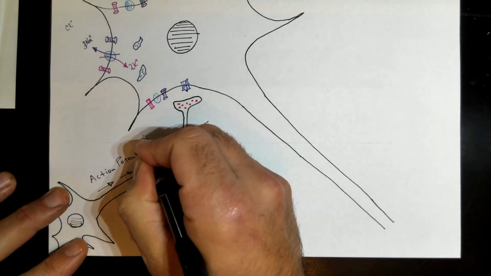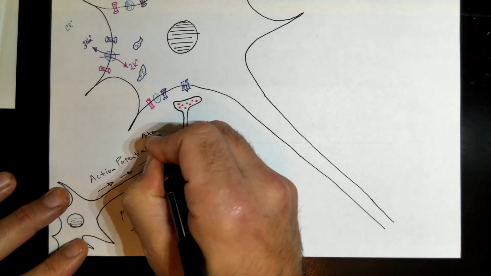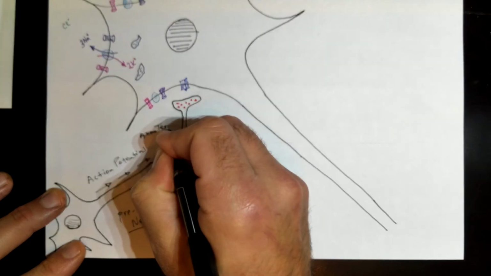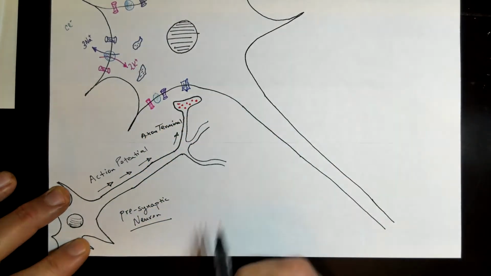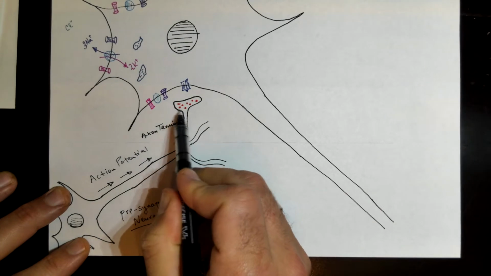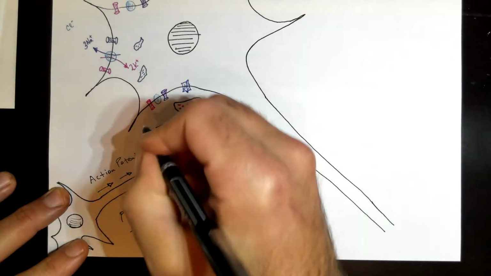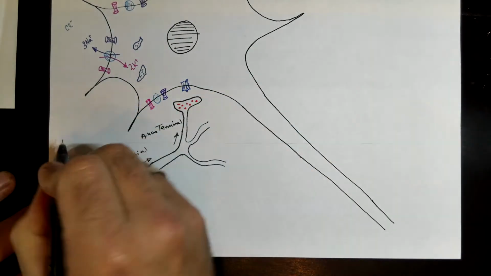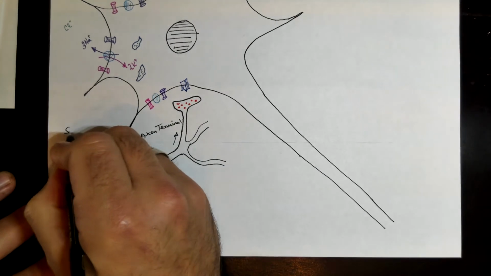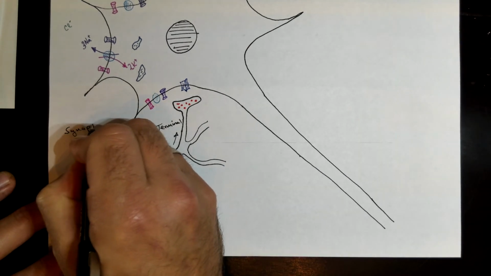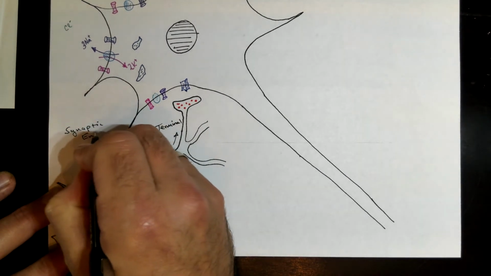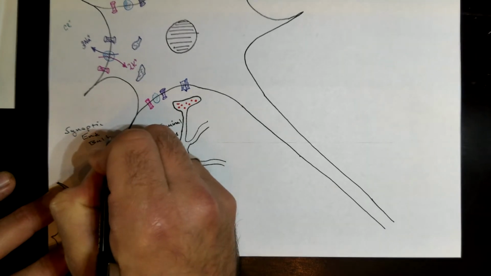All right, so you've got the axon terminal, and then over here you have this swelling known as, I'll write it over here, the synaptic end bulb, right?